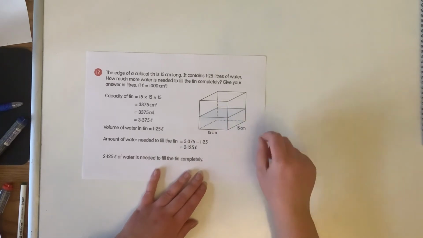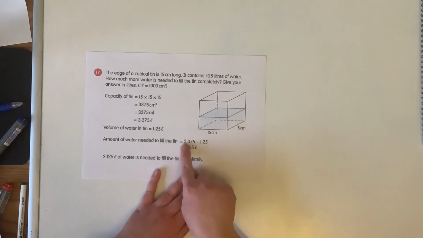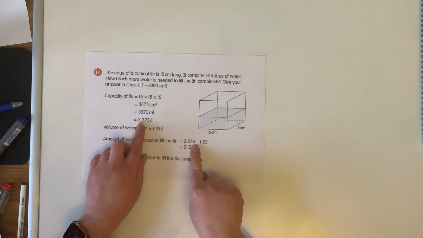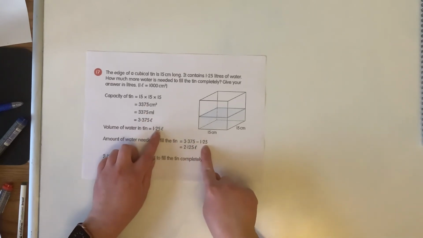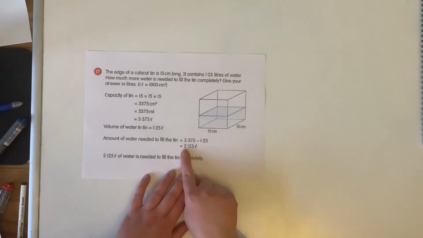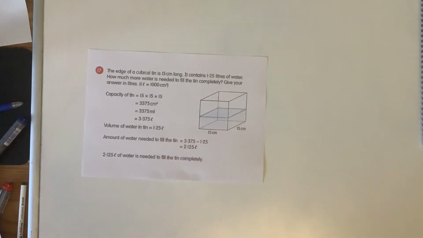So to work out how much more water is needed, I need to do the total, which we've worked out is 3.375, subtract the amount in there, which is 1.25. And when I subtract that, that gives me the answer of 2.125 litres. So 2.125 litres of water is needed to fill the tin completely.